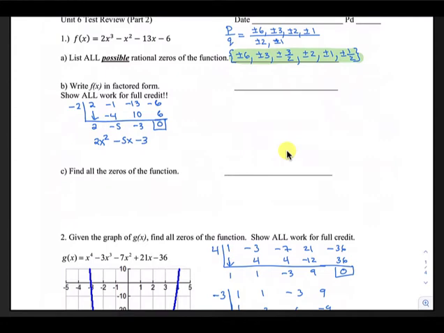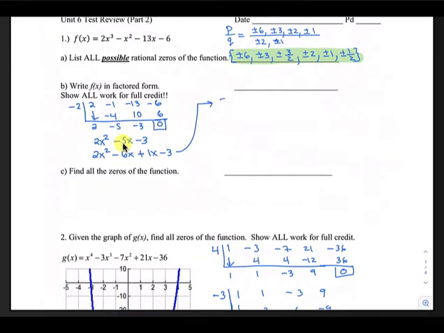And I believe we can factor this because 2 multiplied by -3 is -6. The two numbers that multiply to -6 and add to -5 are -6 and +1. So we can write this as 2x squared minus 6x plus 1x minus 3.